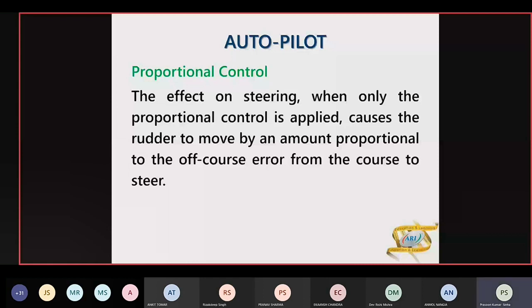What happens in proportional control? When the difference becomes 30, that means the gyro course has come to 290, the rudder will be 15. When the gyro course is 300, difference 20, rudder 10. At 310, rudder 5 degrees.